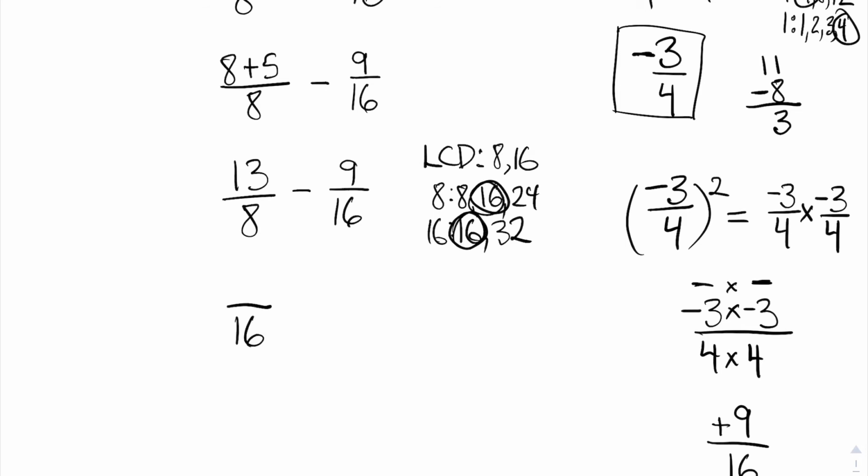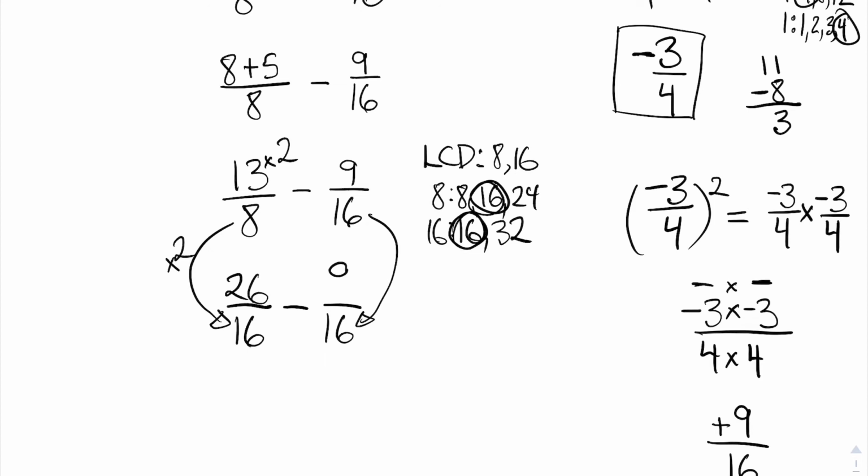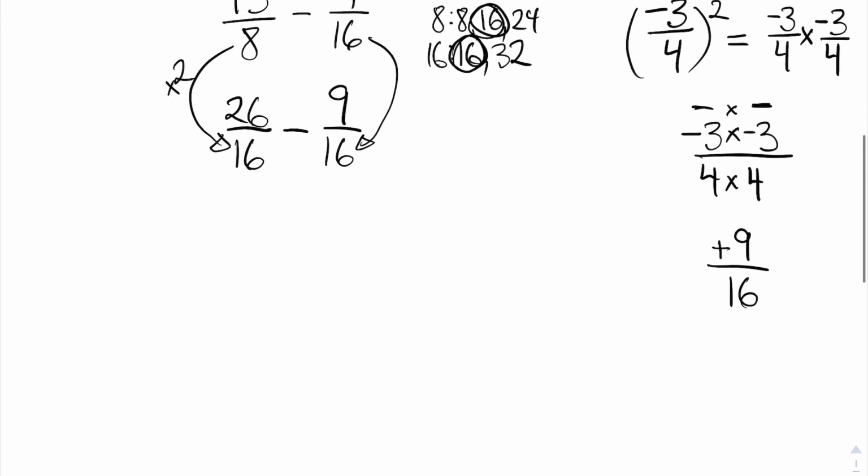So I'll need to change the first fraction to over 16, which is 8 times 2. And I'll have to multiply the top by 2 to keep that the same fraction. And subtract 9 over 16, because I'm not going to do anything to that 16. It's already the right denominator.